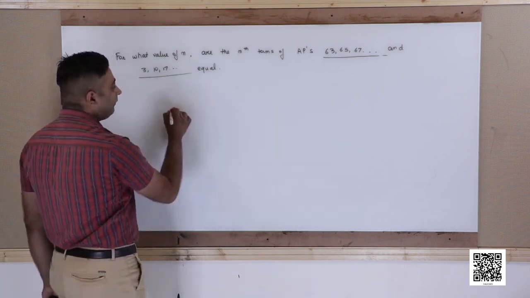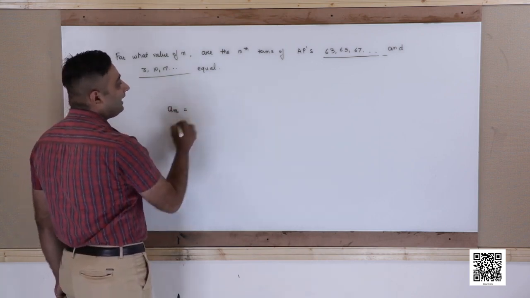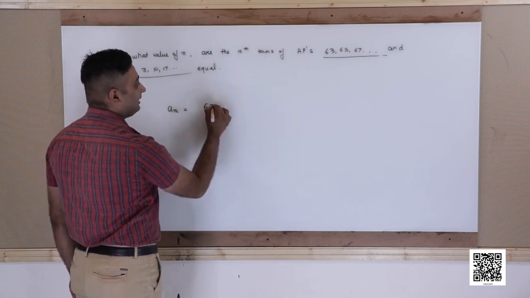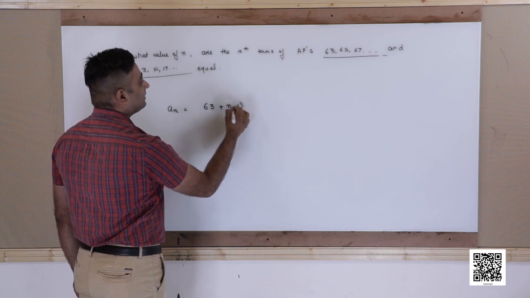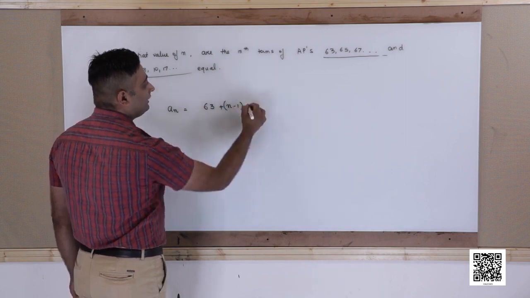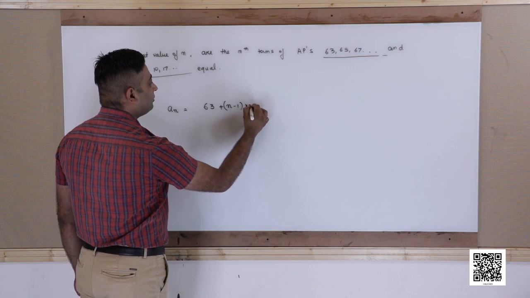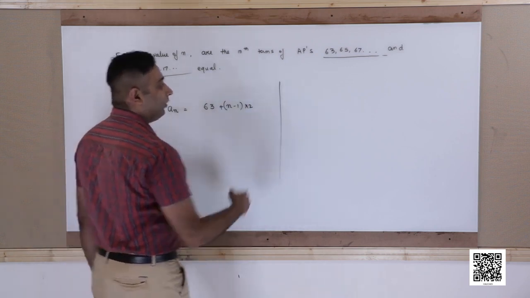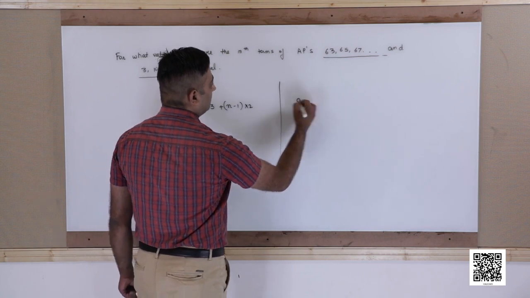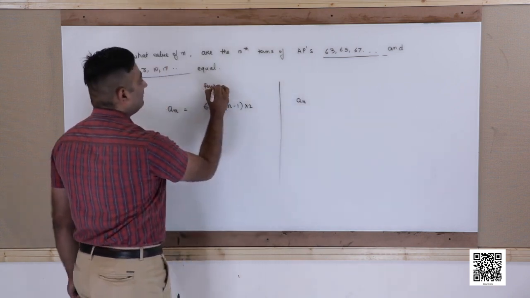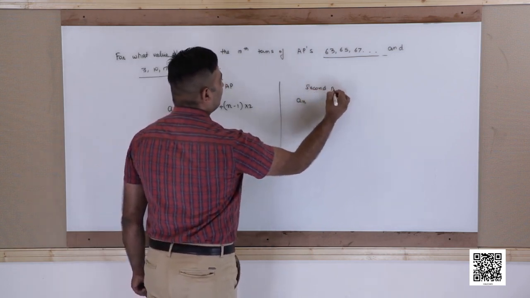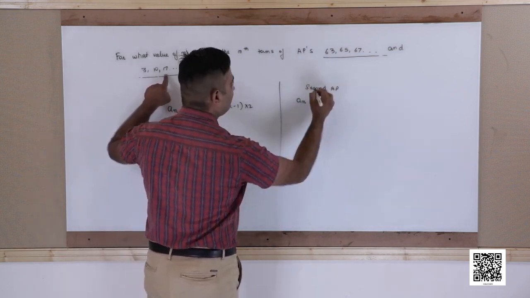So the nth term of the first AP is given by a, its first term a is 63, plus n minus 1 into d, its common difference is 2, and the nth term of the second AP. So this is for the first AP and this is for the second AP, that is 3, 10, 17.